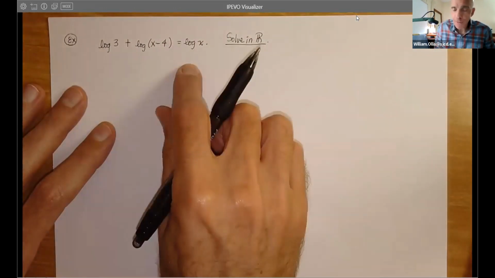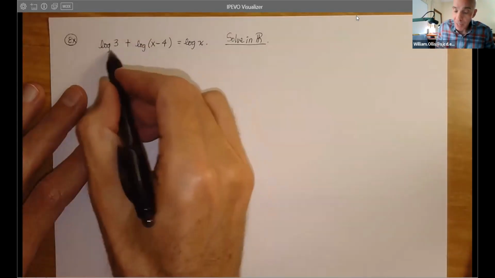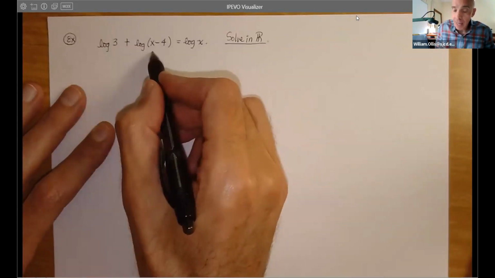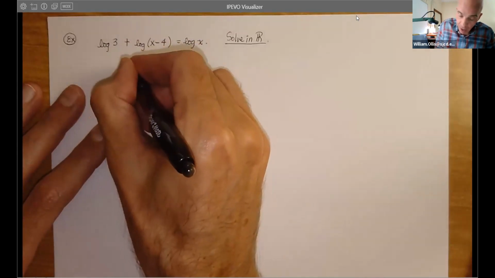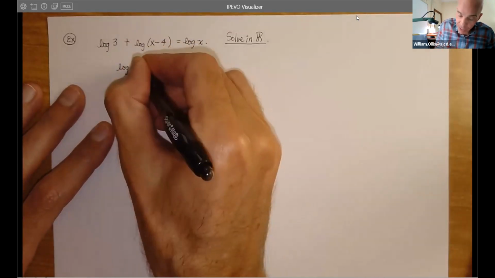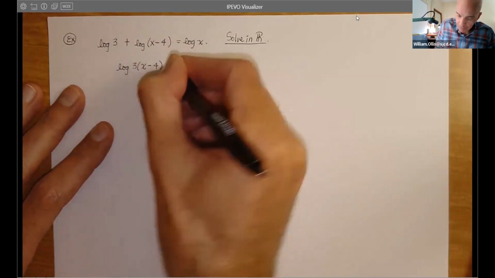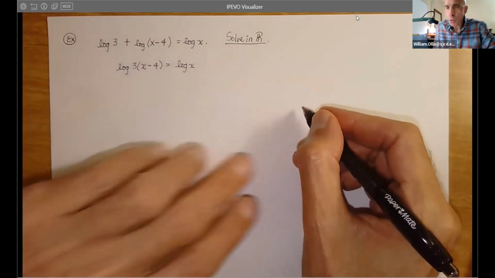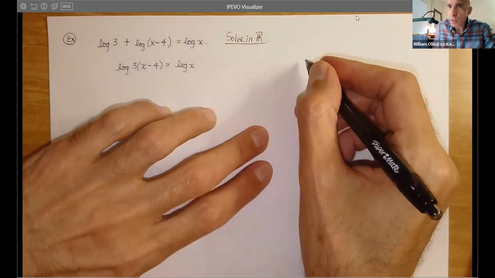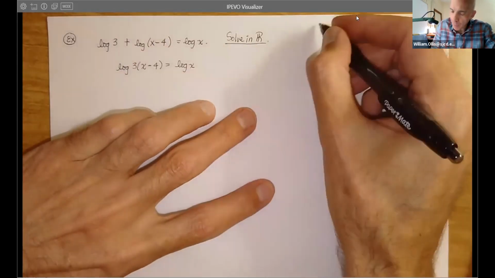So now to solve for X, to solve for all real values X, for which this is true, we can start out by combining. That is, use the product rule in reverse. So we have the base 10 log of 3 times X minus 4 equals the base 10 log of X. Now, of course, this opens the door to another set of circumstances that we need to remember.